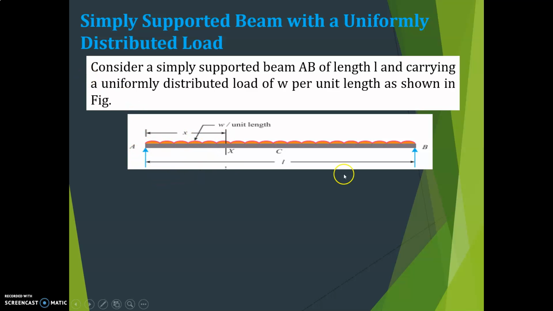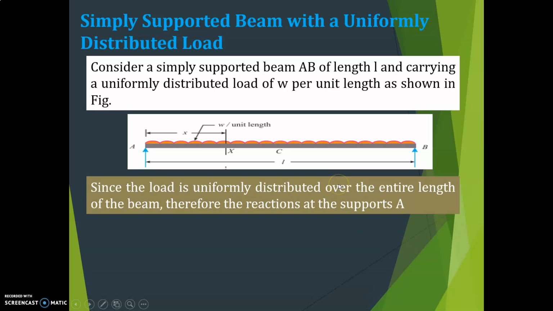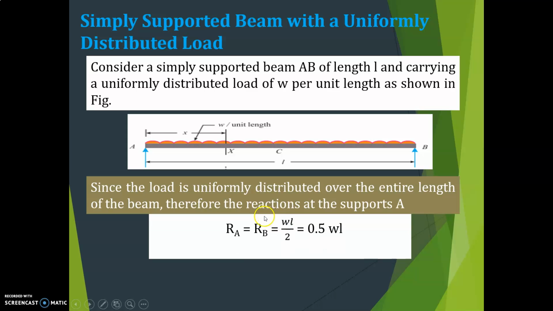Now what we will do, first step is you have to find the reactions RA and RB. Since the load is uniformly distributed over the entire length of the beam, how can you find the reaction at the support?